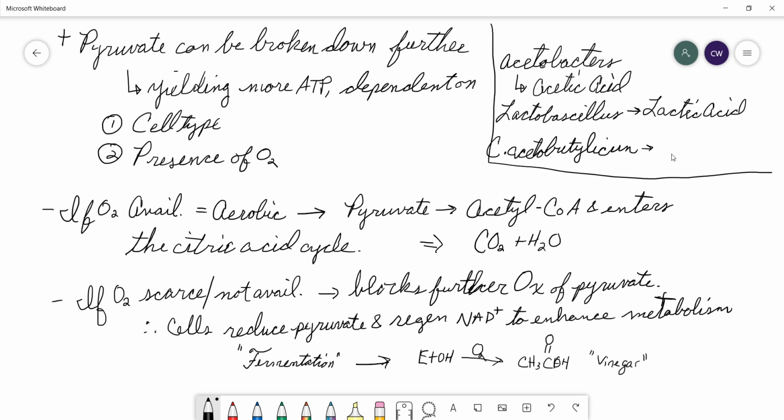Okay? But these bacteria produce butanol as their fermentation byproduct. And this used to be our primary way of getting butanol. Okay? This was how, back in the day, Sigma or VWR would produce butanol.